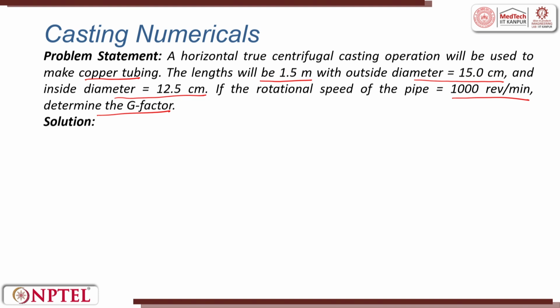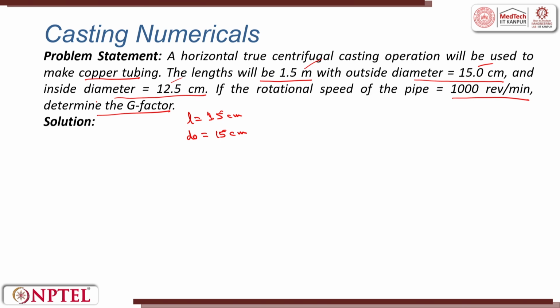Here we have been given the centrifugal casting system in which length is equal to 1.5 meter. The outer diameter, we will call it as DO, this is equal to 15 centimeters.